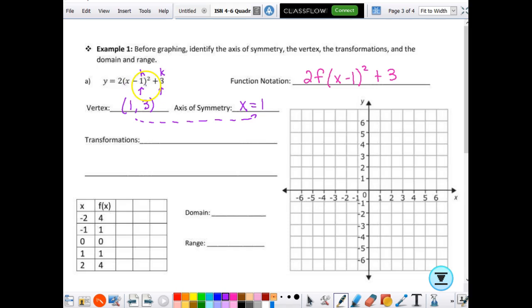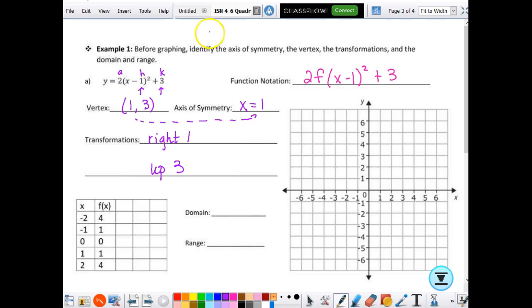Looking at the h, how is it moving? Is it moving to the right or to the left? You would think a negative would mean move to the left, but that really means to move to the right. The plus 3 tells the truth, so going up 3. Now, here's your a value.